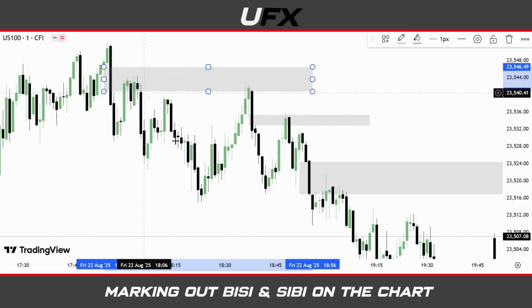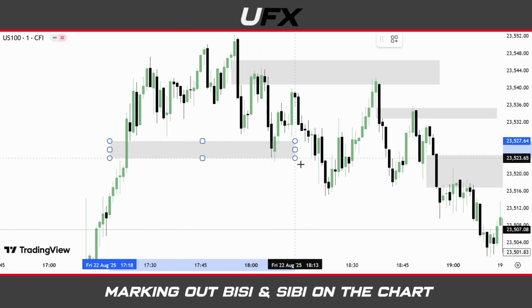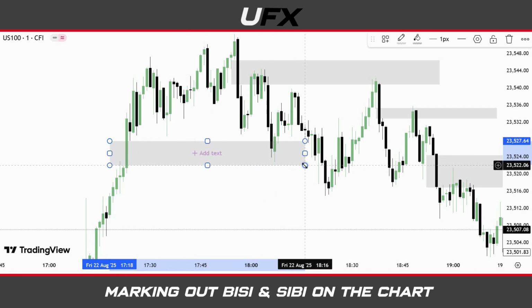Actually, price taps within it twice and then drops lower. And you can also see here we have a BC. If you can see this BC, price rallies up, goes down, taps within the BC, and look at how price reacts from our BC before it then drops lower.